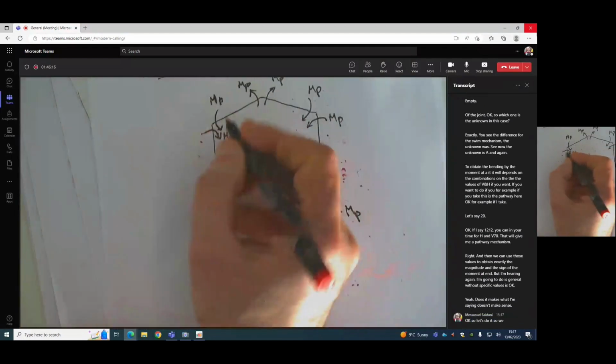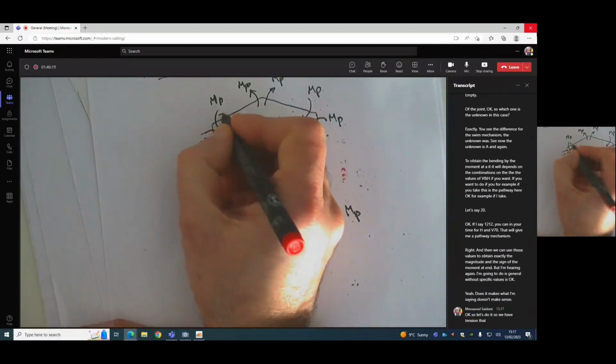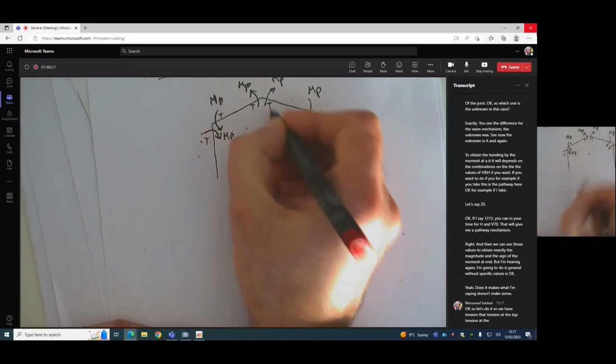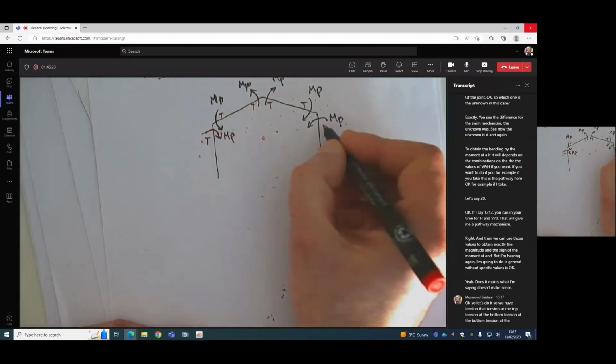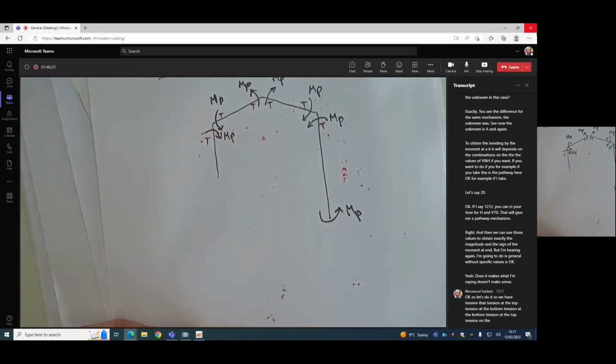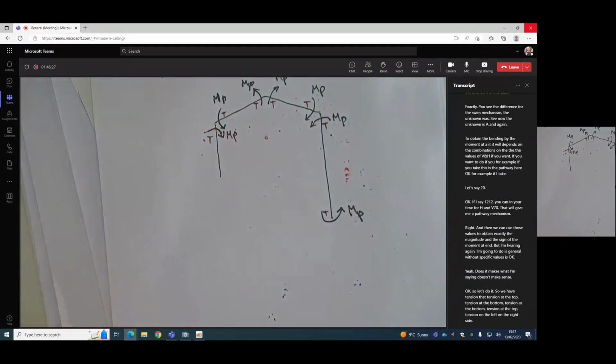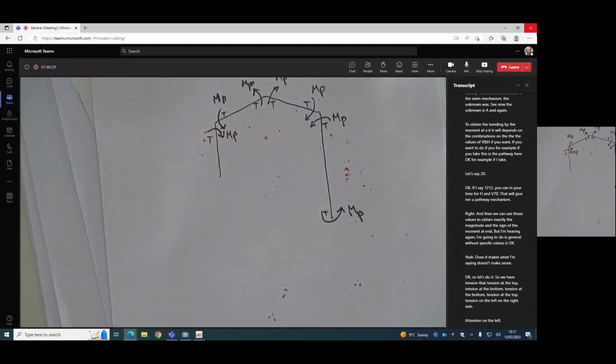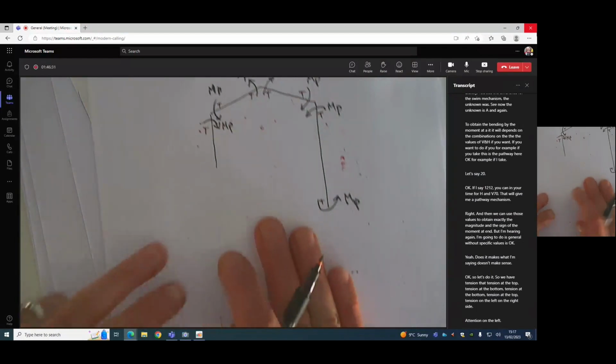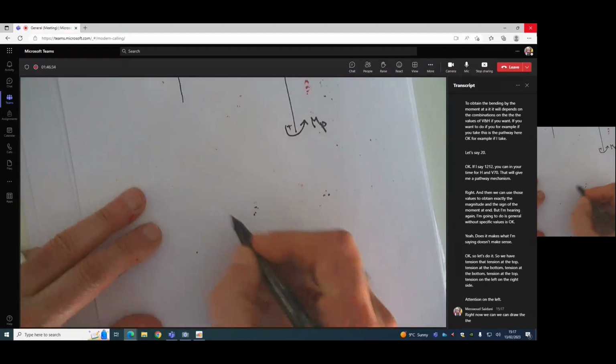Okay, so let's do it. So we have tension there, tension at the top, tension at the bottom, tension at the bottom, tension at the top, tension on the right, sorry, and tension on the left. Right, now we can draw the diagram.